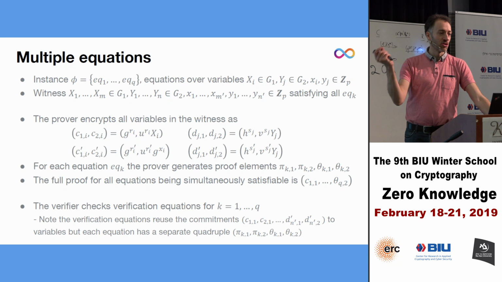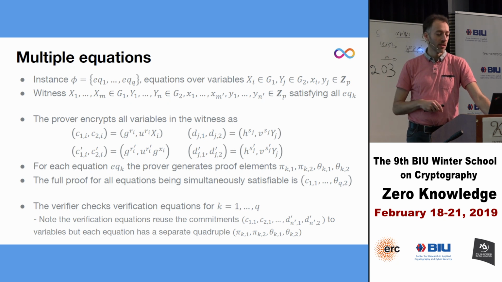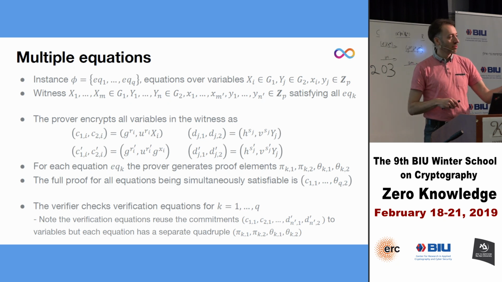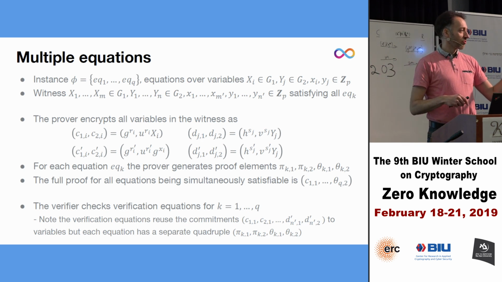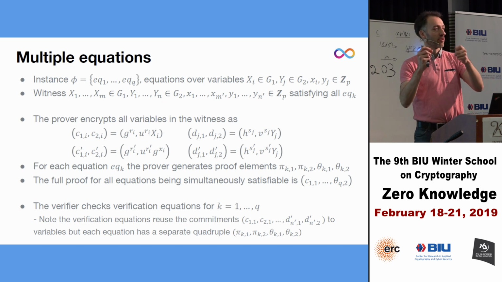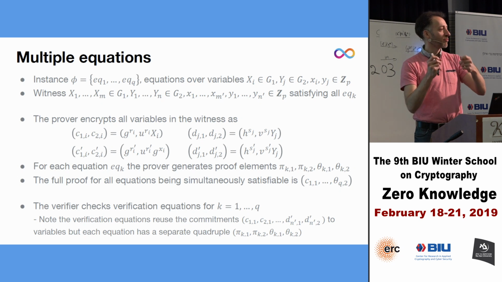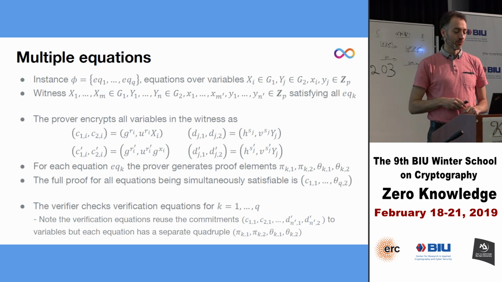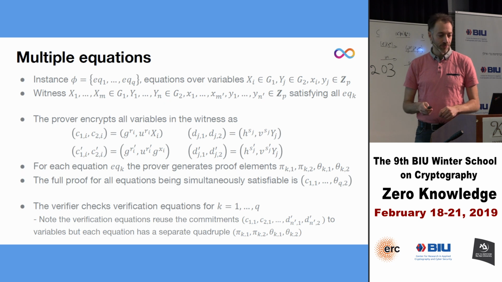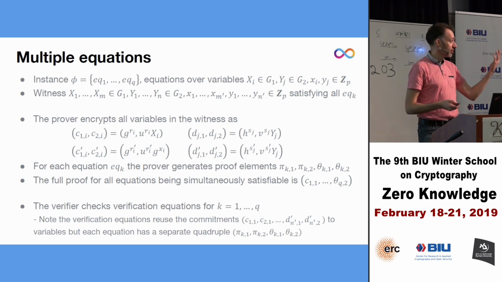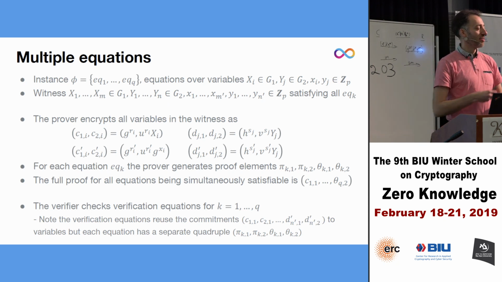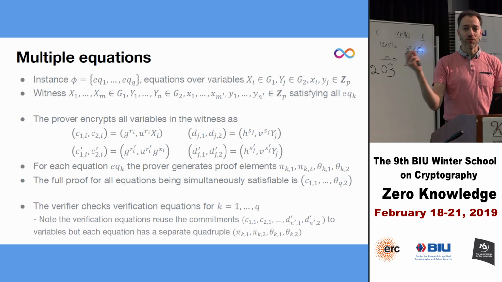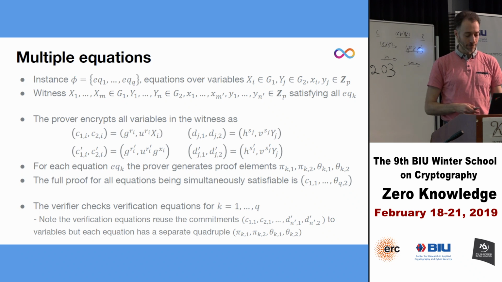And the verifier will simply check each verification one by one, right? Where the verifier in every one of these equations reuses the same encryptions of the witness, so that's the same ciphertext, but then for every equation it will be a different quadruple of proof elements that it uses. And that way we know that when we decrypt the ciphertext, we would, again, get something that fits into the verification equations for each of these equations.